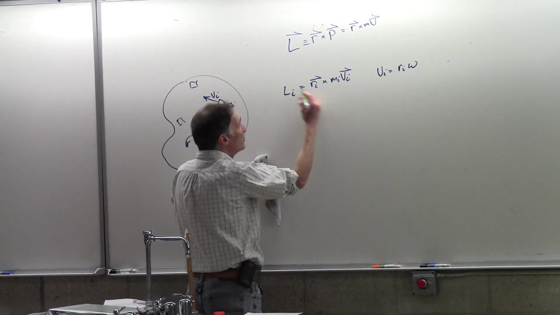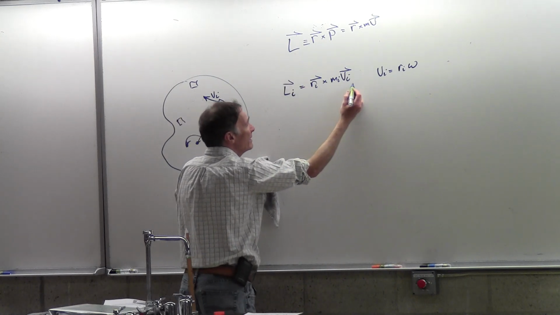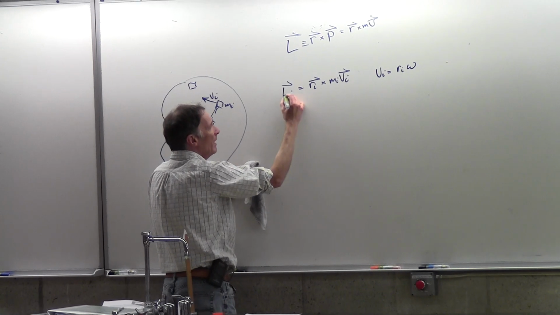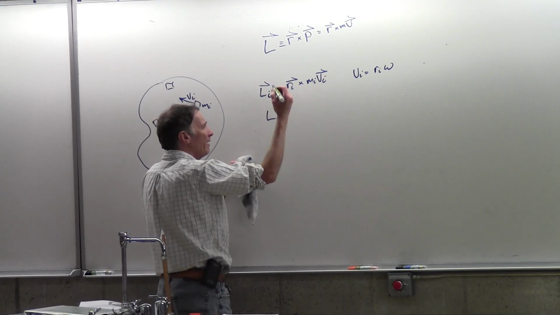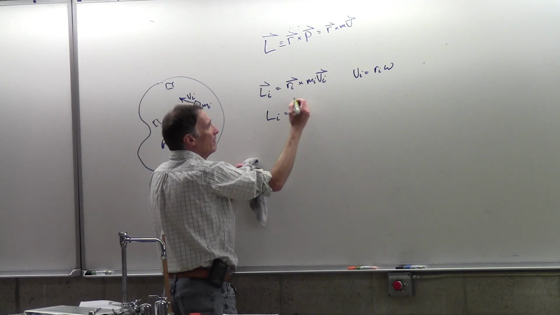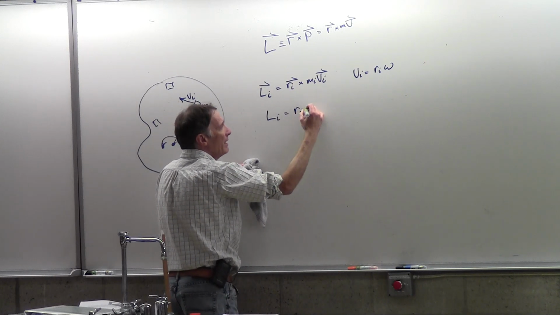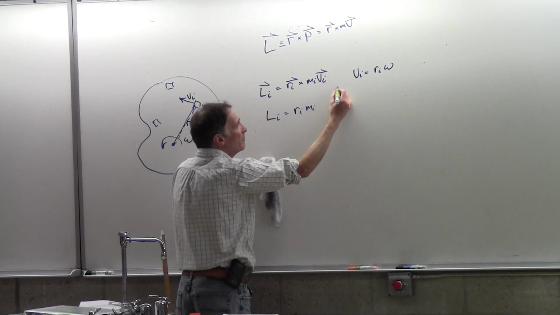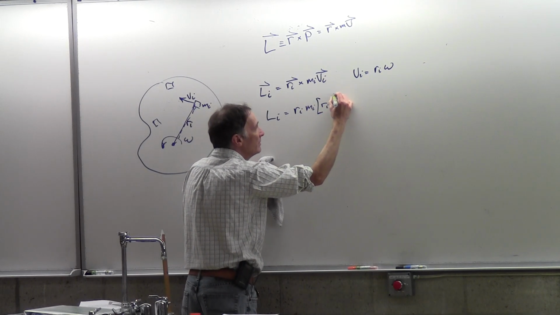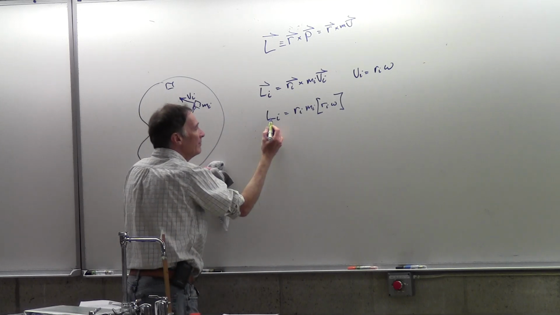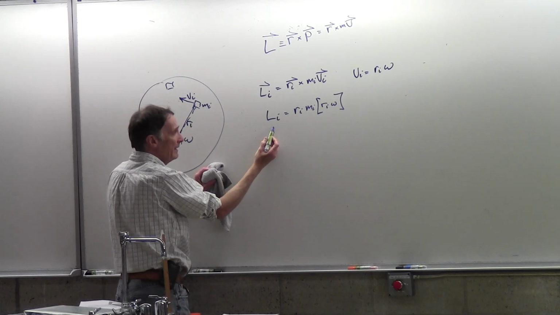Now usually we'll do this in terms of absolute value. We'll say that L sub i, by absolute value I mean magnitude, will be r sub i times m sub i times v sub i, which is going to be r sub i times omega. So this would be the angular momentum of that piece.